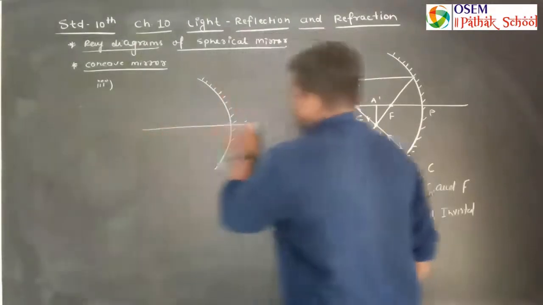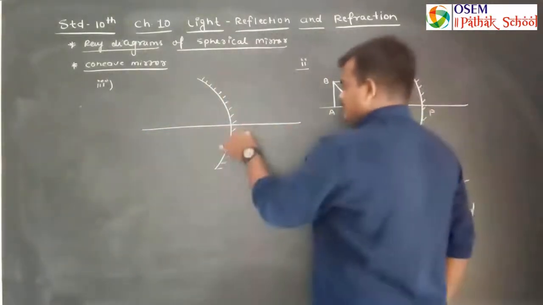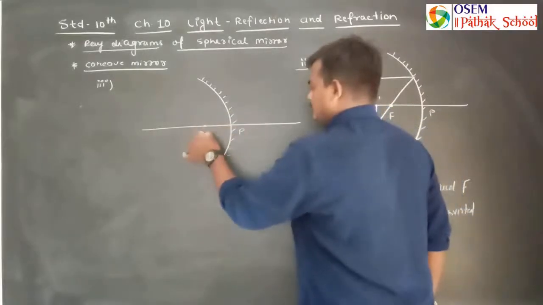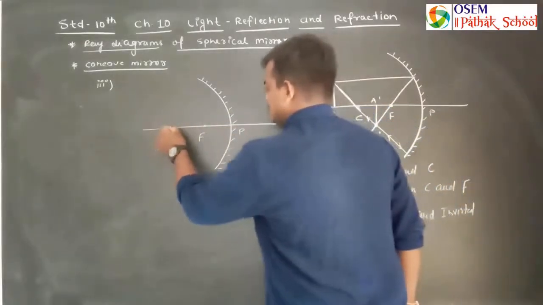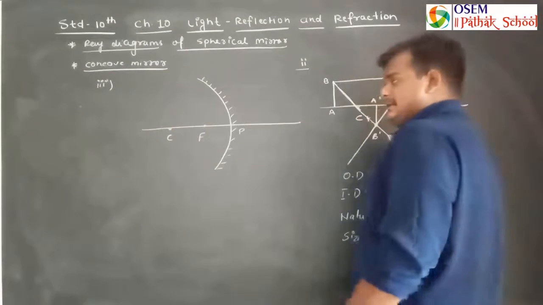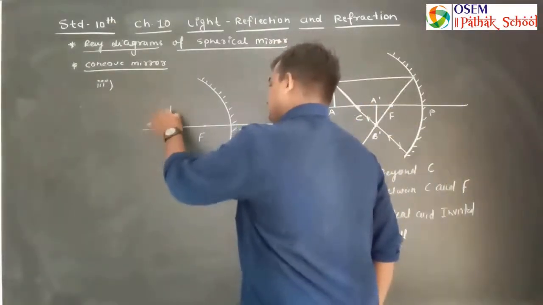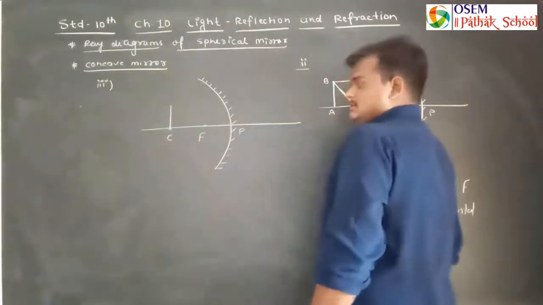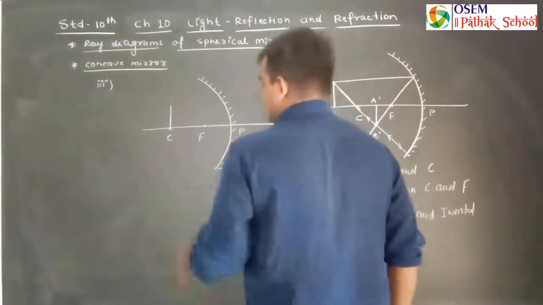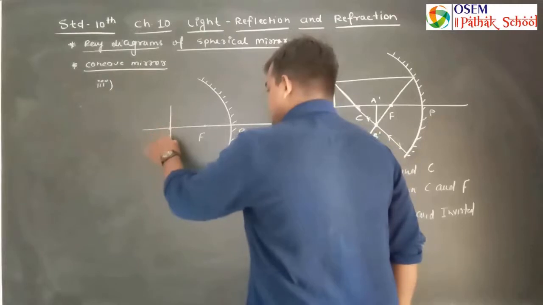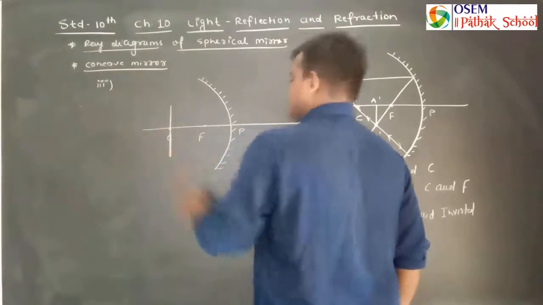This is principal axis, pole, focus, center of curvature. And now in this case I am placing here the object at a center of curvature. So I obtain here same image at the capital C.